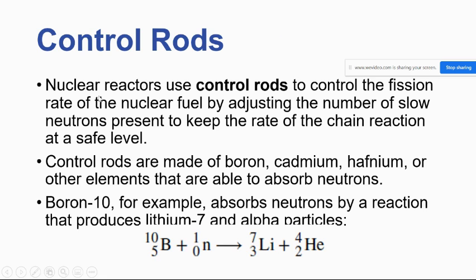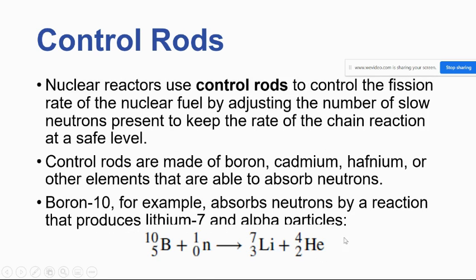The control rods then control fission by adjusting the number of neutrons, so they'll use something like boron here. That boron will pick up one of these neutrons and break it apart into two different particles and doesn't produce any new neutrons.